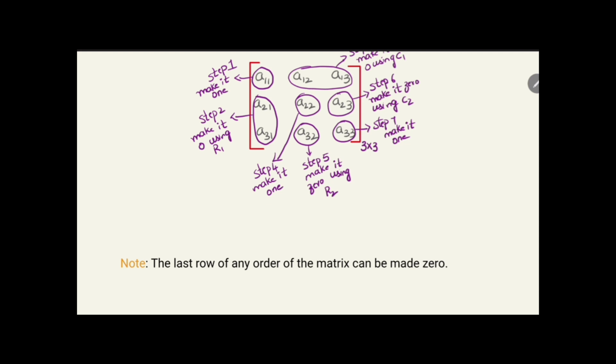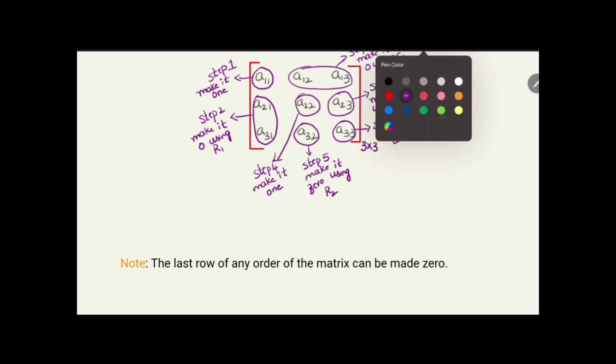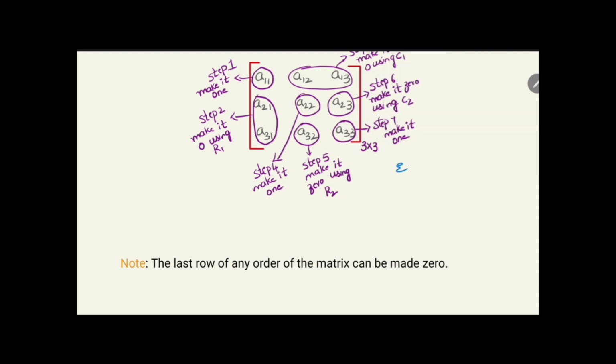For example, if I take a 4 by 4 matrix, 1 0 0 0, 0 1 0 0, 0 0 1 0, and the last one is 0 0 0 1. Actually this should be a 4 by 4 identity matrix, right?